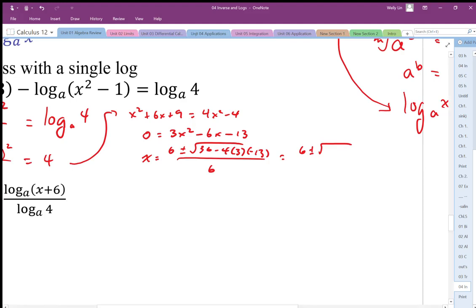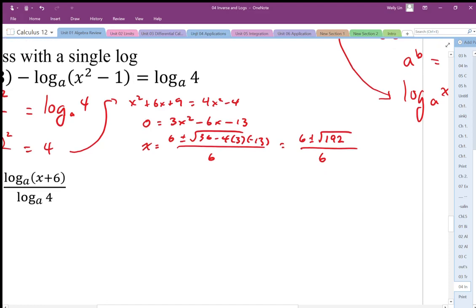So 36 plus 156 is going to be 192, and that's all over 6. We could probably find common factors in here. This will probably be divisible by 16.